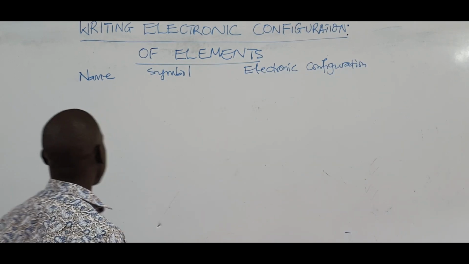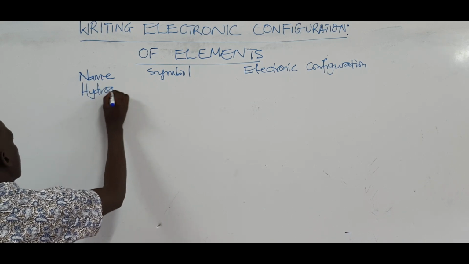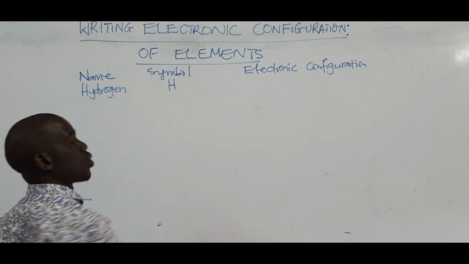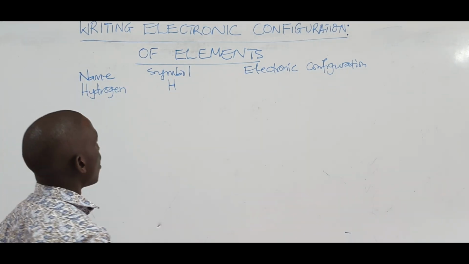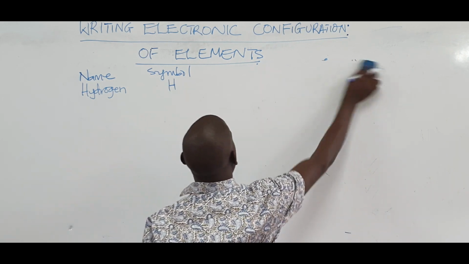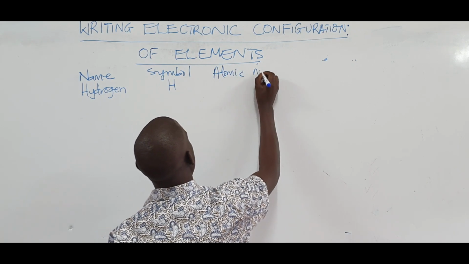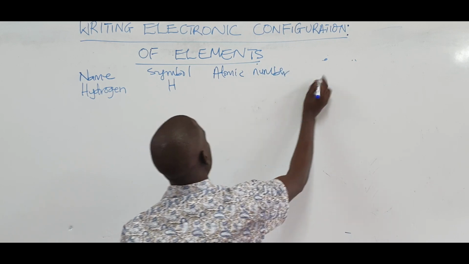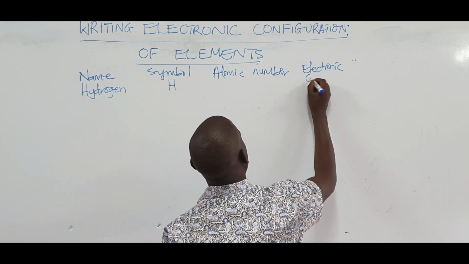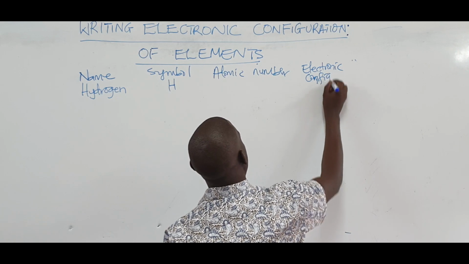My first element is hydrogen. Hydrogen, the symbol is capital H. Then we have the atomic number, and then I have the electronic configuration.